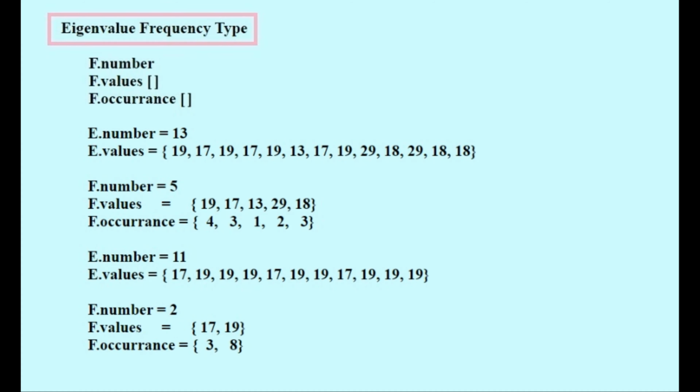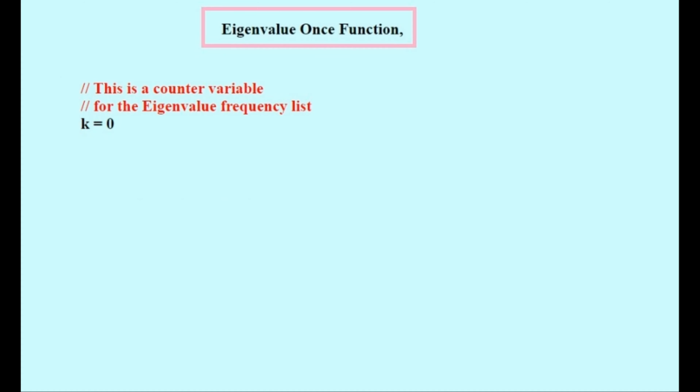And this is how it is stored in an eigenvalue frequency list. 19 occurs 8 times. And so code has to be written to transform the eigenvalues being stored in the first type into the second type, so that the eigenvectors may be properly associated with them.